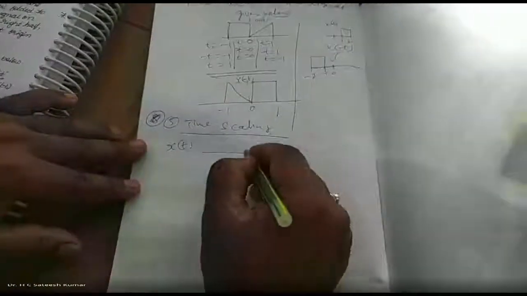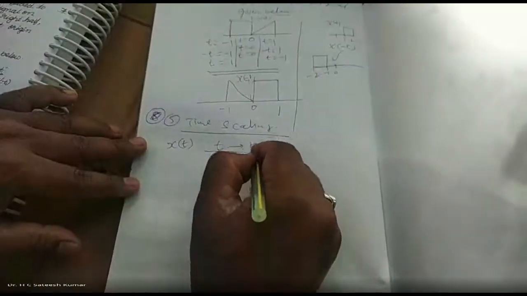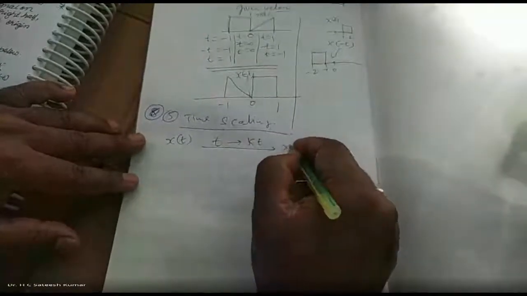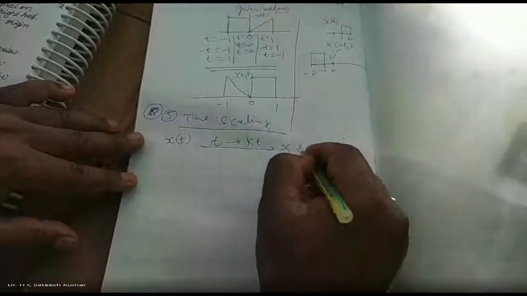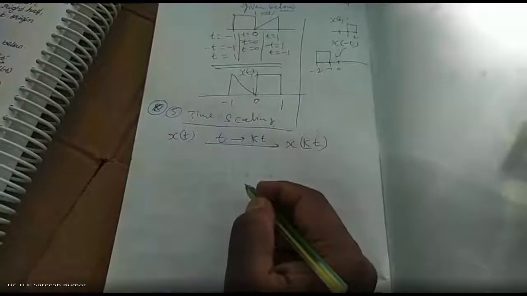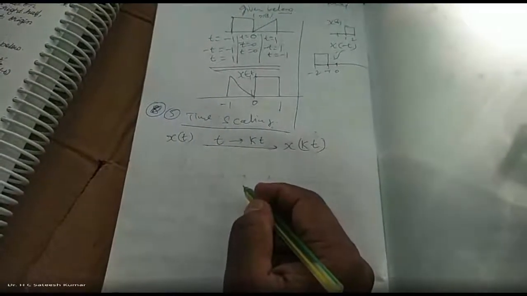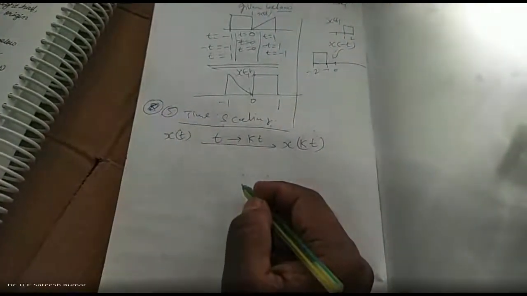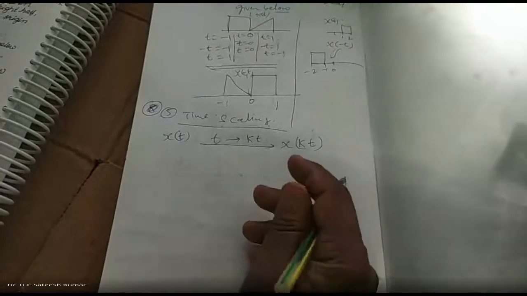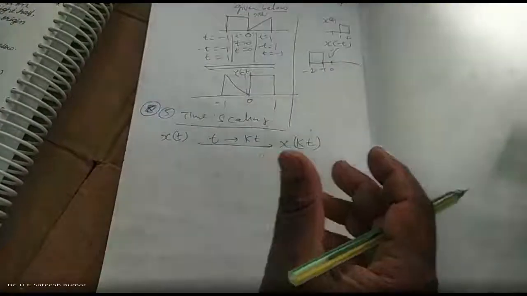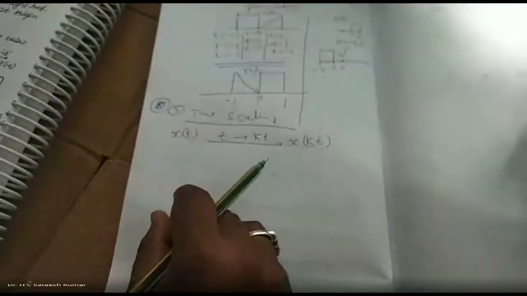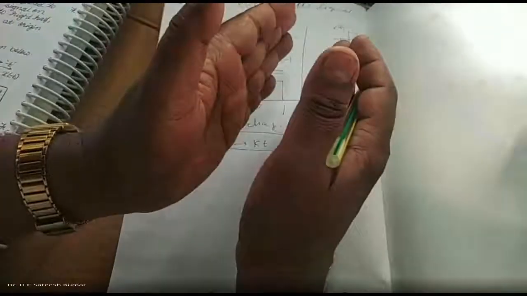If x of t is the signal and you replace t by kt, you will get x of kt, where k is known as the scaling factor. Depending upon the value of k, there may be compression or expansion in the time axis. So the signal may be compressed or it can be expanded.